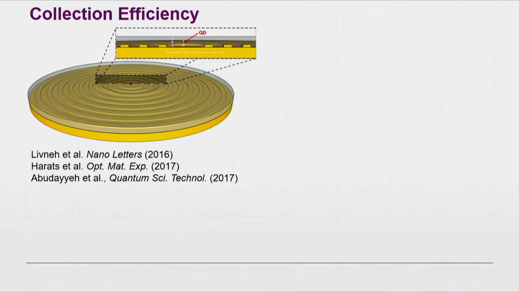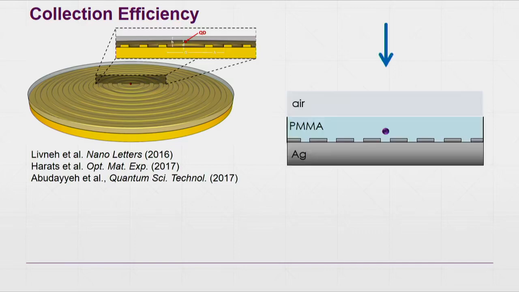So what we do in our group is we combine the two approaches. We have this hybrid dielectric bullseye antenna, where the emitter is placed inside a dielectric slab waveguide, which is surrounded by a circular Bragg antenna. Basically how this operates is that your emitter emits preferentially into the waveguide mode and then gets diffracted by these circular rings, and we tune these rings in such a way that you have constructive interference into a very low angle.